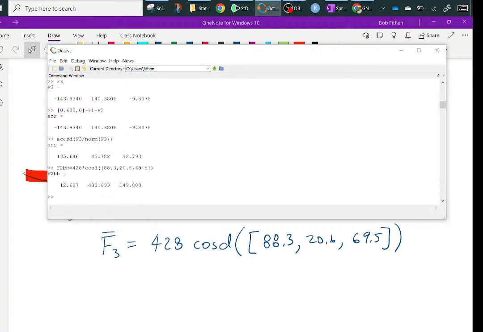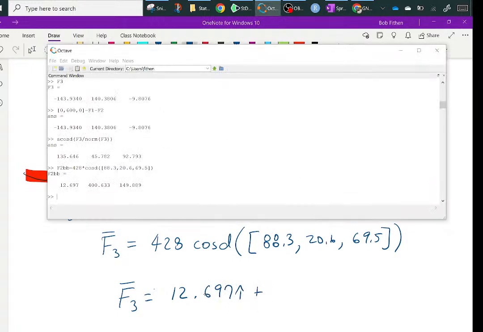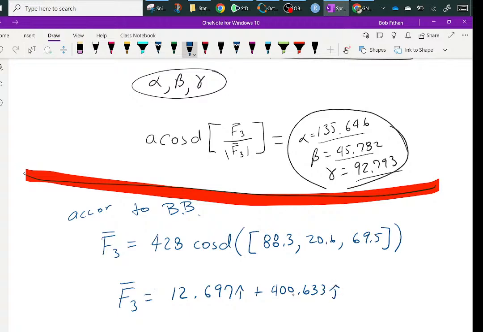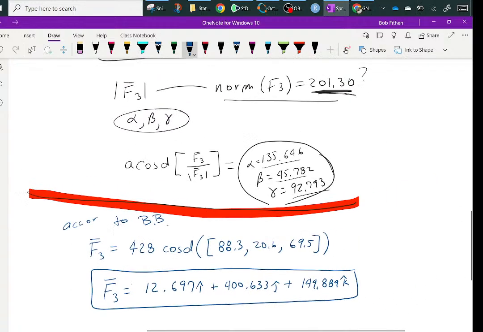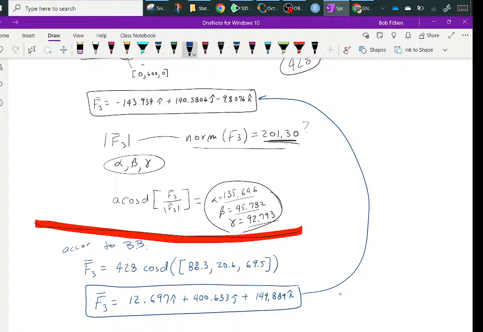And this is what I get. So this is what his vector should look like if it's at the back of the book: 12.697i plus 400.633j plus 149.889k. Okay, sorry. The upper one's what I got. The bottom one is what he got.